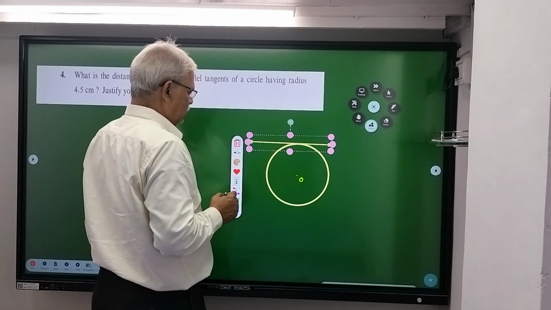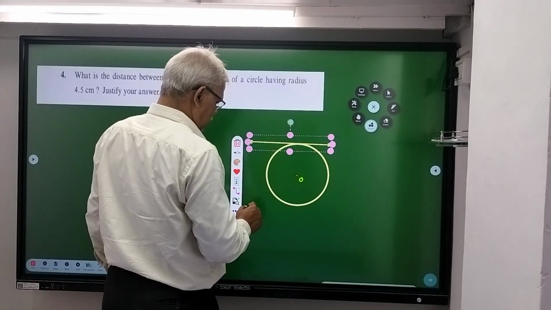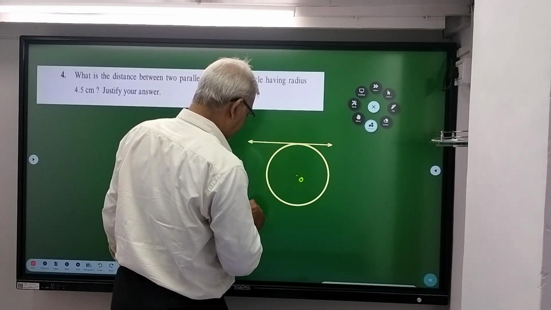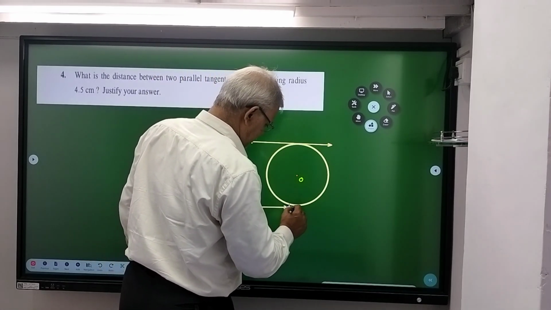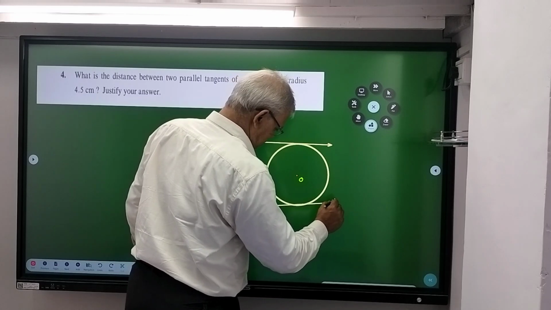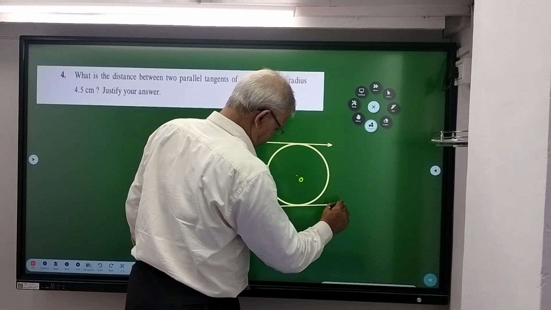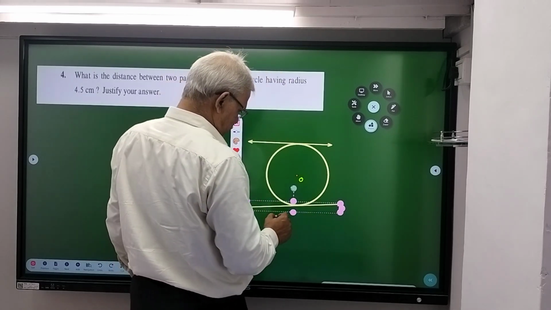Okay, one, and the second I am going to draw, because it is given that they are parallel to each other.